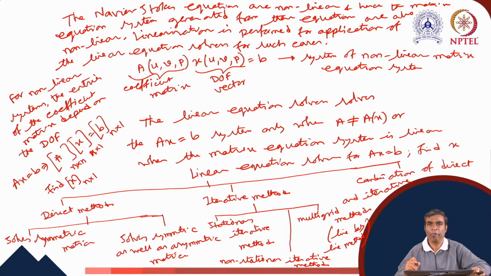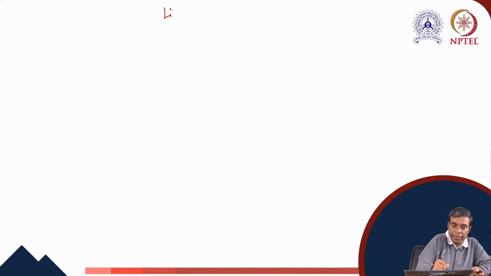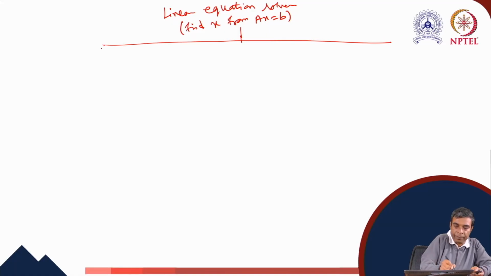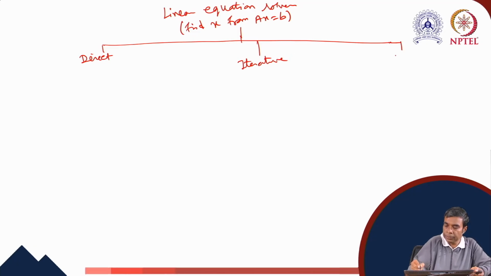So we provide further details here. The purpose is to find x from Ax equals b. We have already classified them. This is for direct, this is for iterative, and this is for a combination of direct and iterative.